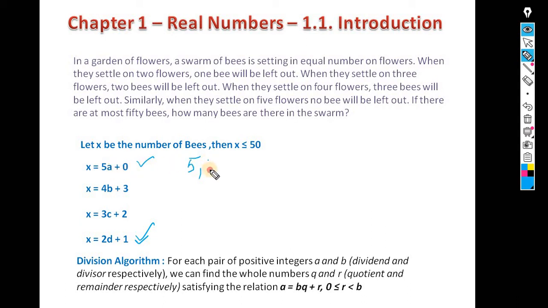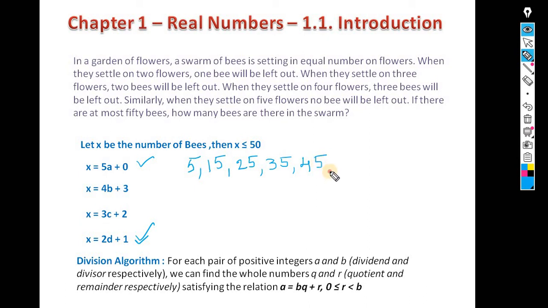That is 5 into 3, 15, and then 5 into 5, 25, and then 1, 3, 5, 7. 5 sevens are 35, and then 9. 5 nines are 45.